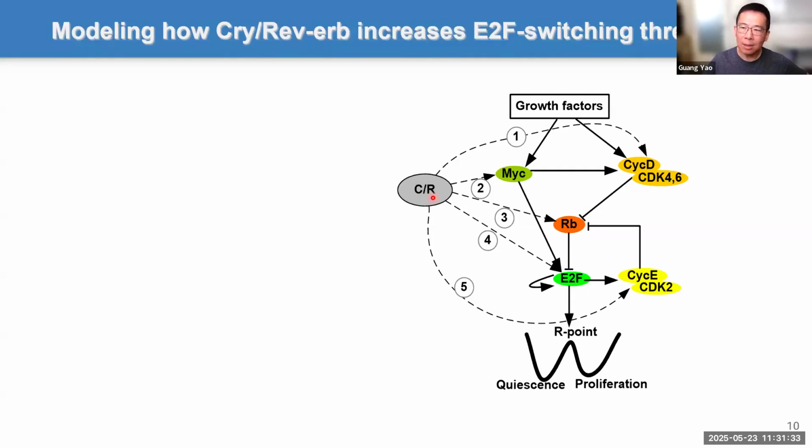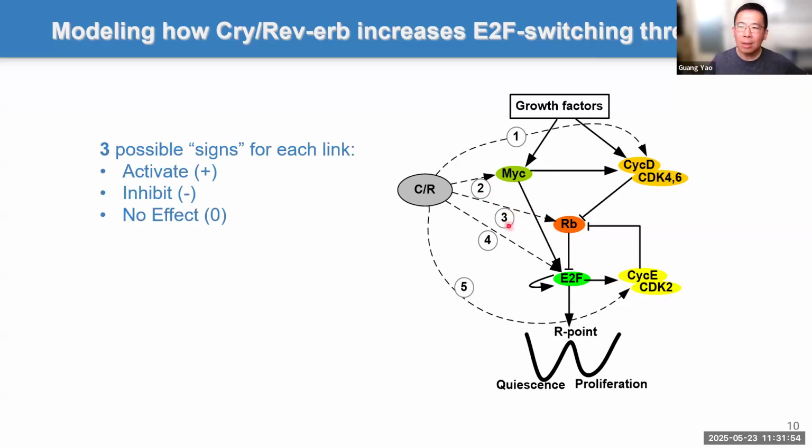These are the modules now, not necessarily just cyclin D per se, but something linked to cyclin D activity. Since both Cry and RIV-ERB have the same effect, which is deepening the quiescence, for now we combine them, thinking they may share something in common, and we search for common features. They may somehow affect cyclin D-CDK, MYC, or any other of the 5 modules. So we have 5 potential targets, and there are 3 possibilities for each: they may activate the target, inhibit it, or do nothing to it.